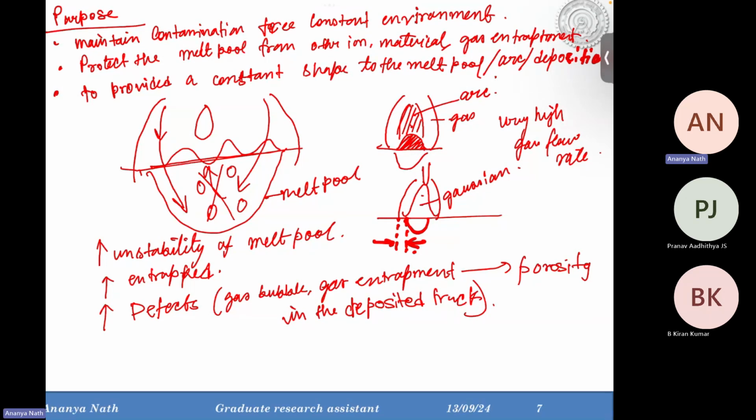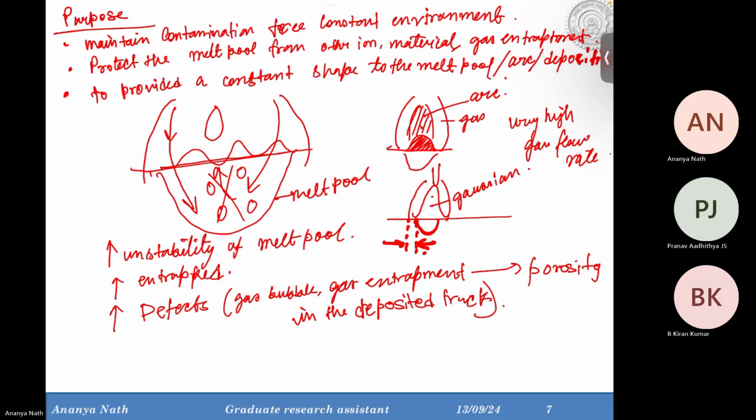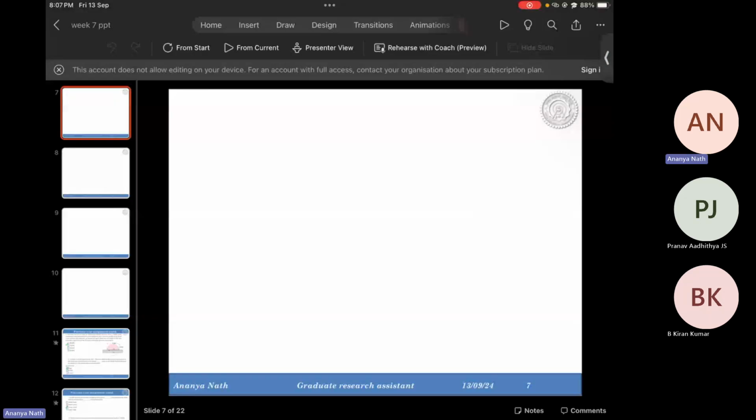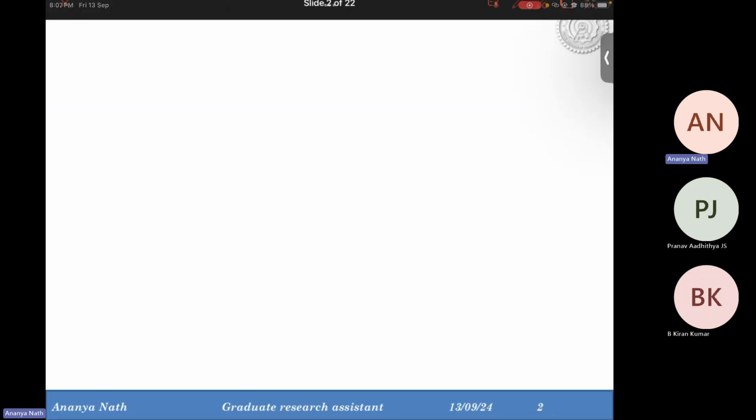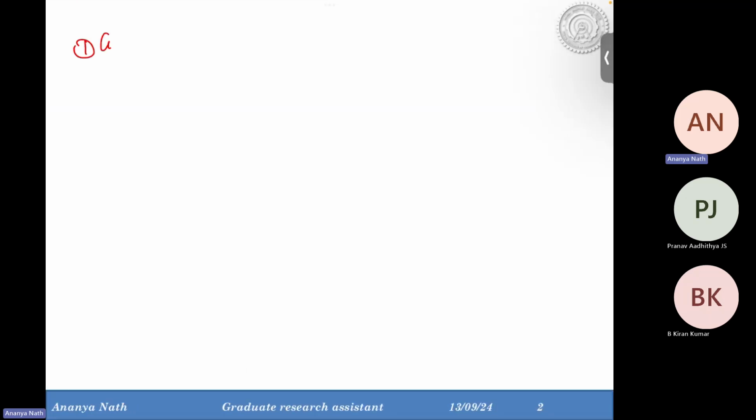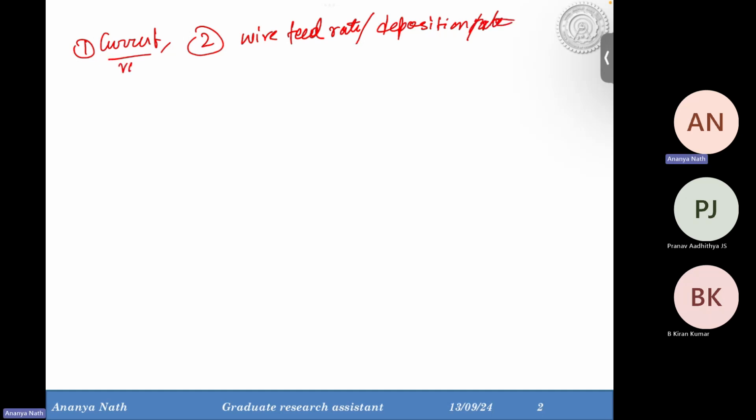Okay, now everything is gone. No problem. So we have talked about the gas flow rate. First we talked about current and voltage, then we talked about the wire feed rate, deposition rate, and the gas flow rate.